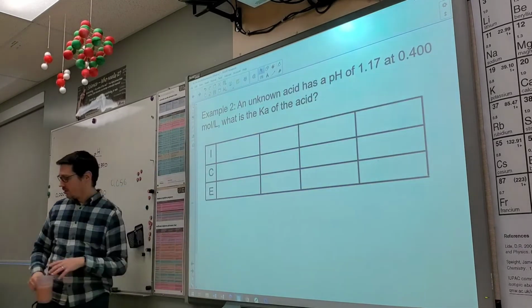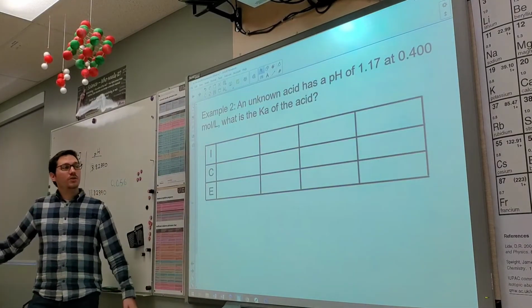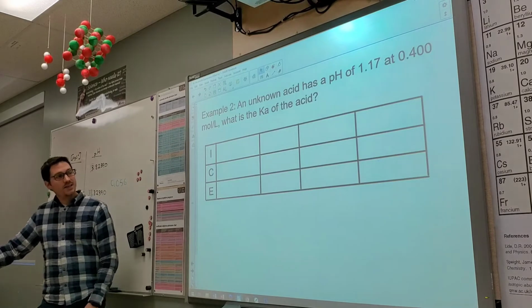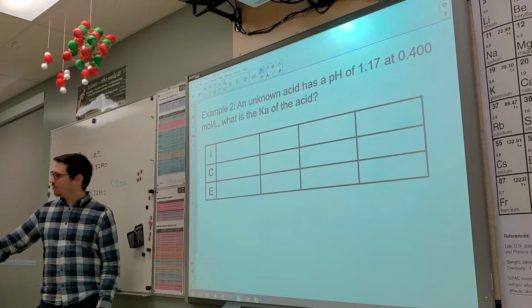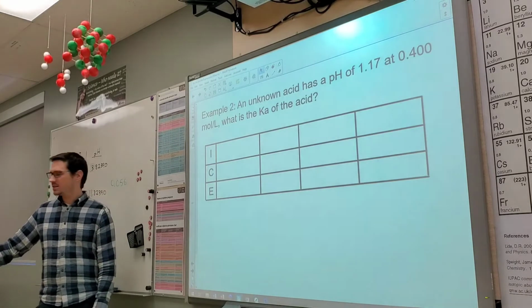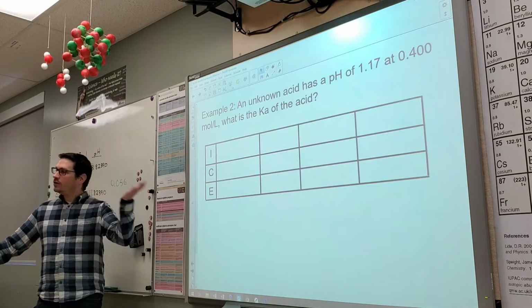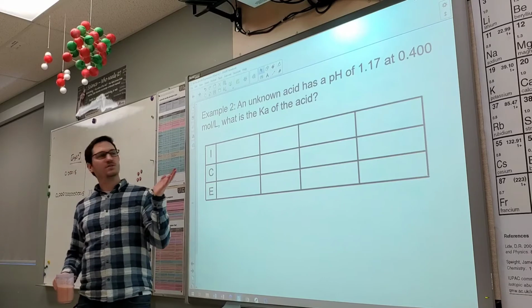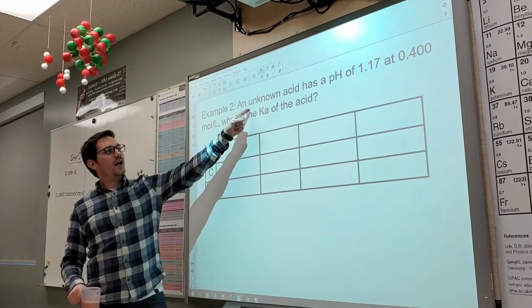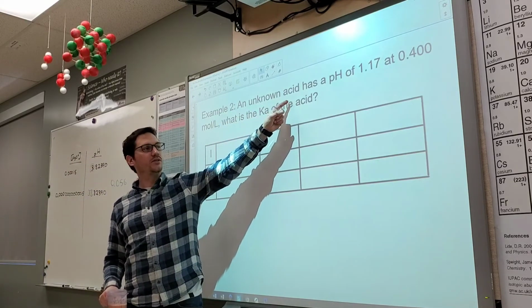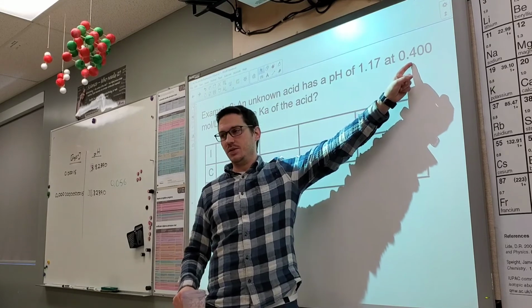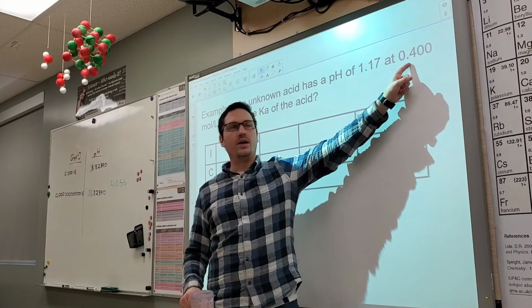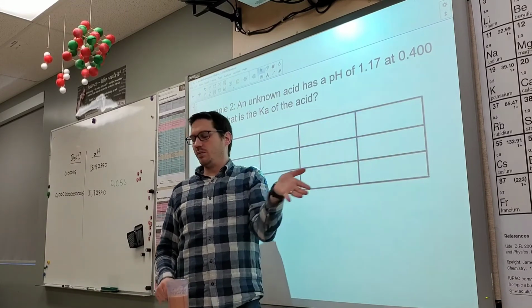Okay, so if we wanted to figure out, an unknown acid has a pH of 1.17 at 0.4 mole per liter, what is the Ka of the acid? Could you solve this? It's the exact same thing as before, right? An unknown acid has what concentration? 0.4 mole per liter. And what's the pH? 1.17.